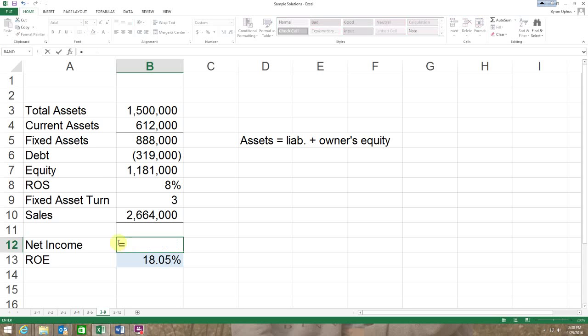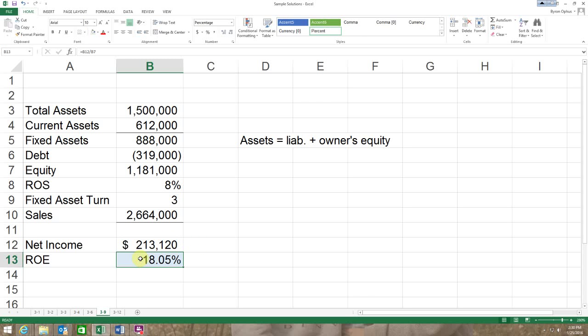Let's see if that works. It equals $213,120. And again, I could turn that into a dollar sign. It did that just because there were too many decimals in there, so I took away a couple decimals and then it showed up.